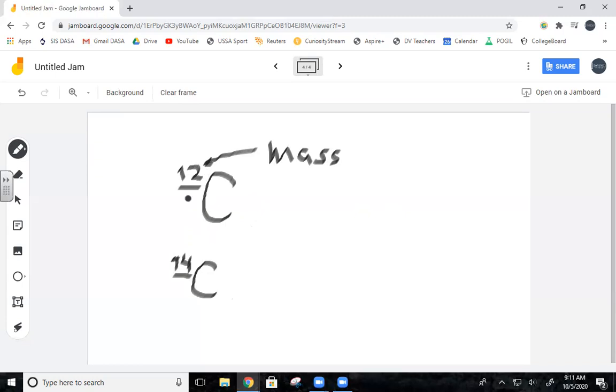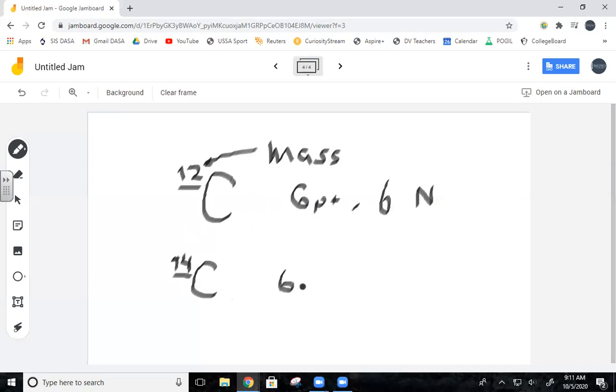So carbon 12 has 6 protons, 6p plus, and 6 neutrons, 6n. How many protons does carbon 14 have? 6, right?